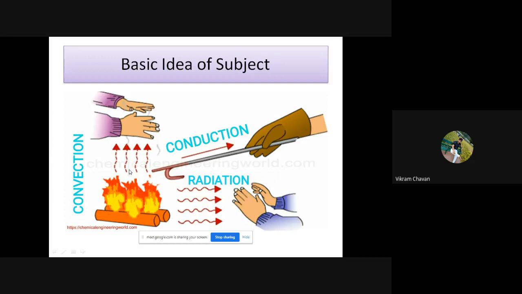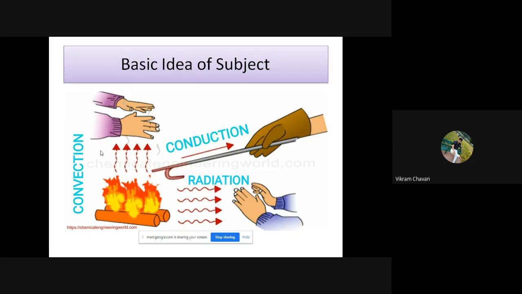Then what is meant by convection? Now one person is holding a hand somewhat away from the fire, above the fire, and that particular person also feels the heat because of molecular movement of air from the fire region to the region where that person holds their hand.